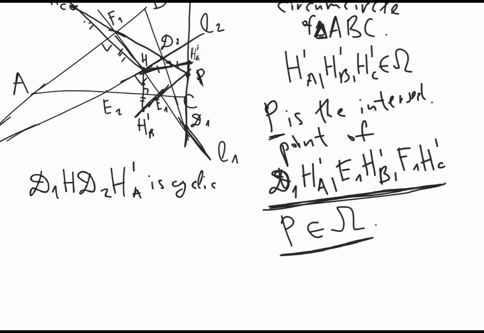This is because two opposite angles in this quadrilateral are right angles, because D2 H D1 is a right angle. Let me highlight it with blue.